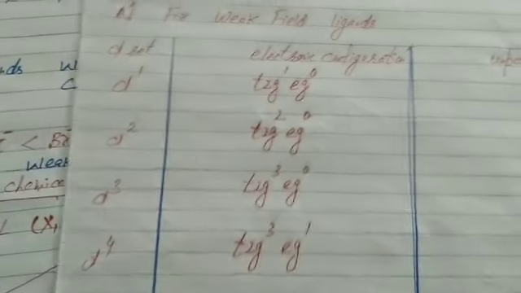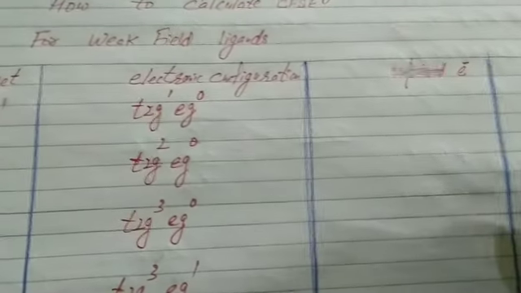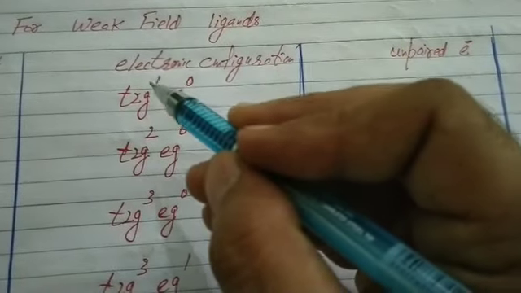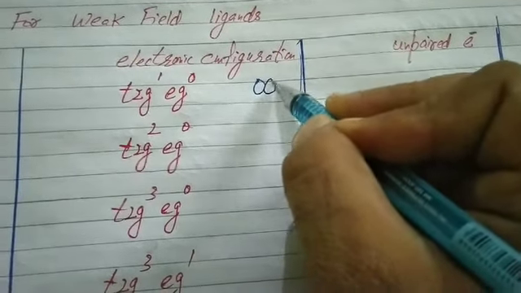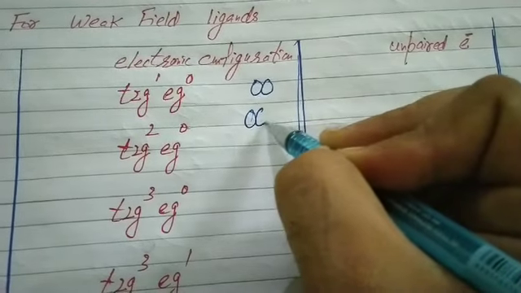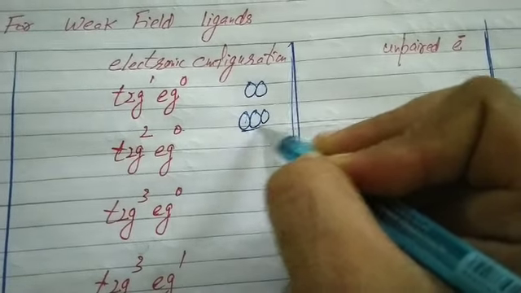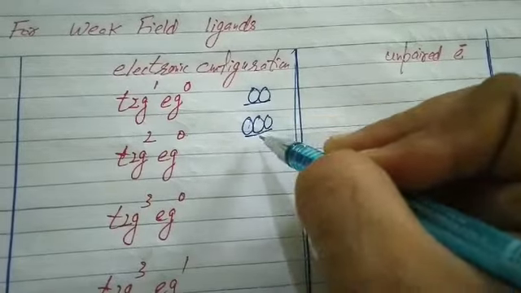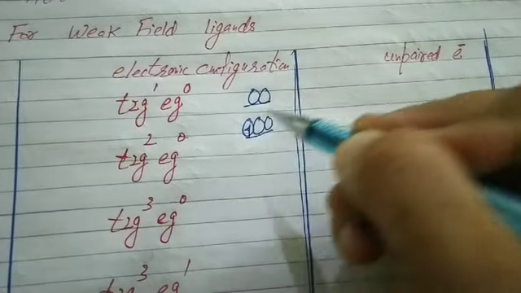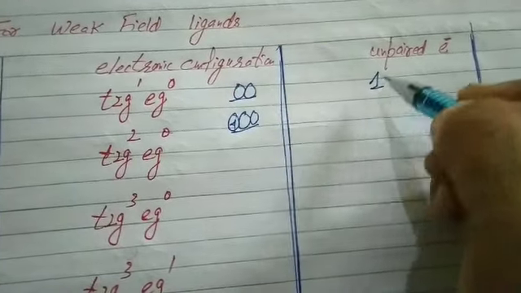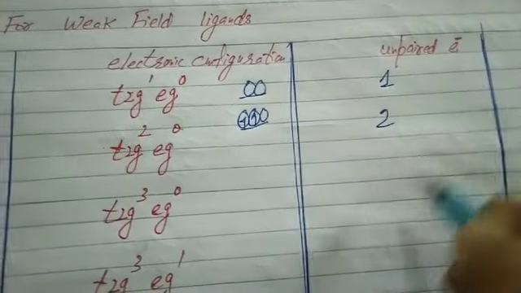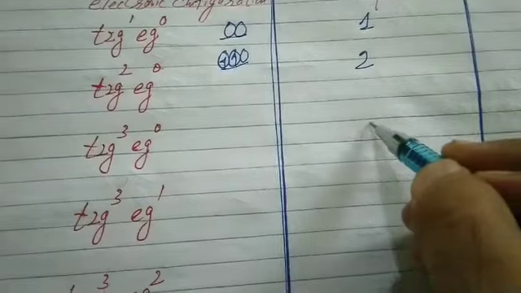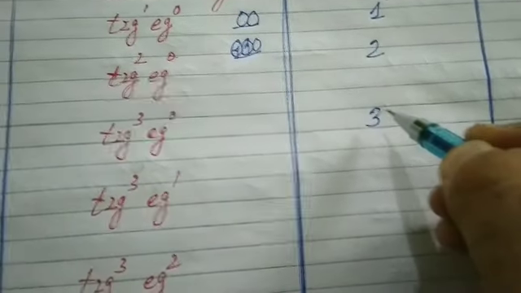Students, after the electronic configuration, the unpaired electrons. It's clear. t2g1, weak field ligand, t2g and eg. When the splitting proceeds, t2g1 means unpaired electron 1. t2g2 means unpaired electrons 2. t2g3 means unpaired electrons 3.